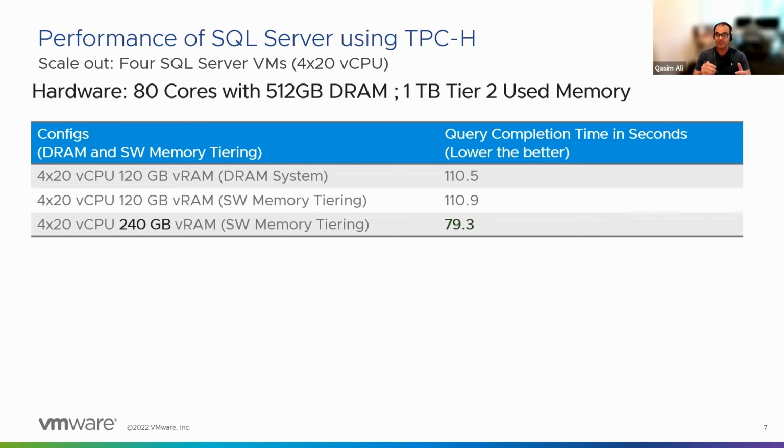In this case, we are pushing the envelope. Your mileage may vary, but from our results, we saw a 30% reduction in query times, because in this case, SQL Server was able to use more buffer cache, and that resulted in lower query completion times.